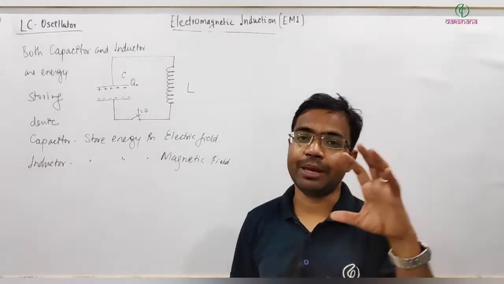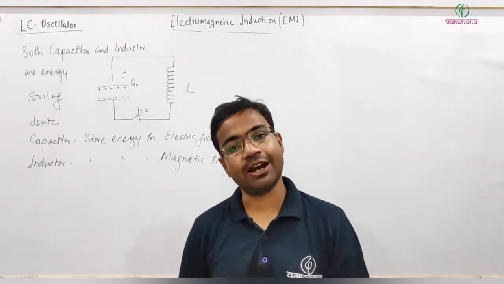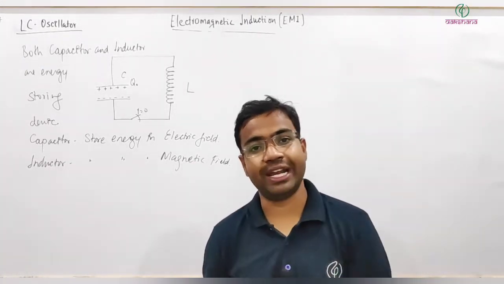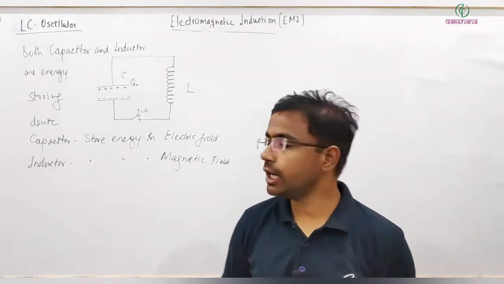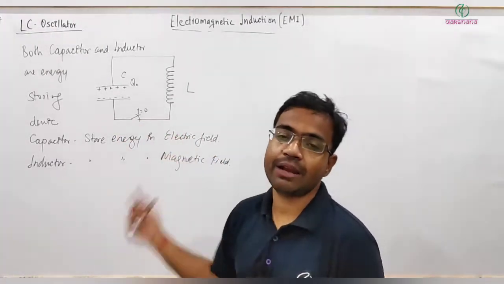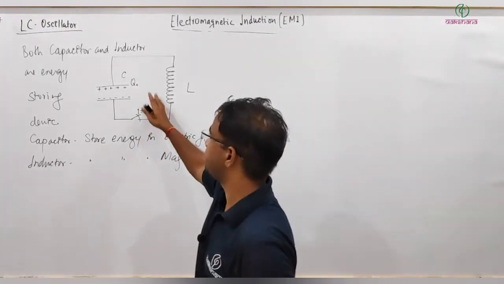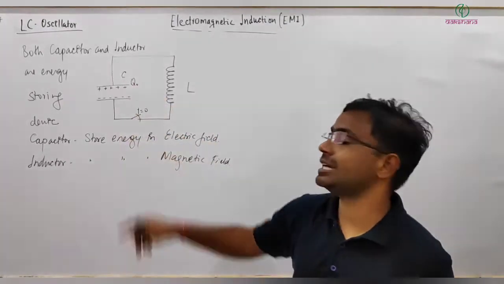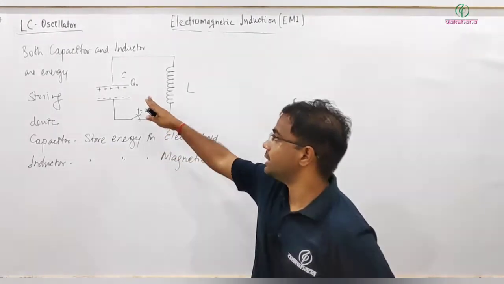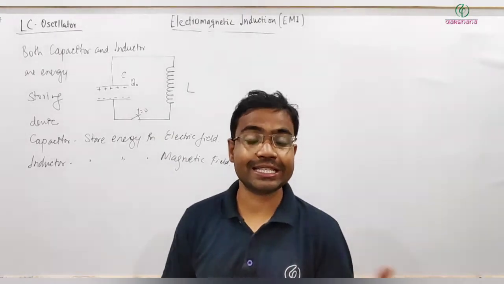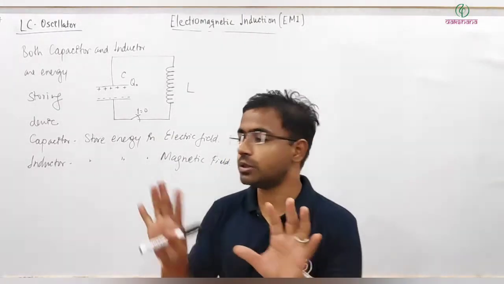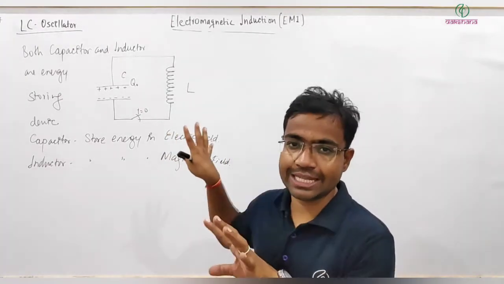For some moment of time, energy will be stored completely in the capacitor, after some time completely in the inductor, and in between it keeps on rotating. Understanding? So here the energy keeps on oscillating between electric field and magnetic field, and this complete setup is termed an LC oscillator. Here the charge and current vary like a sinusoidal function. Let's get the expression. I hope you just understood what an LC oscillator actually is.